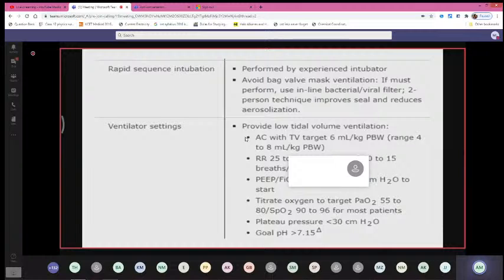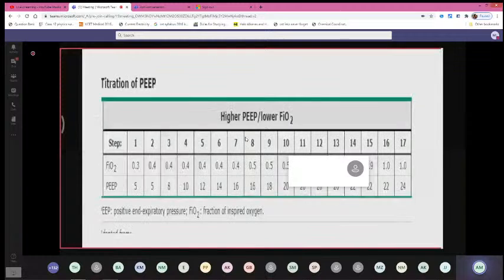So the minimal FiO2 for adequate oxygen targets. There's something called the PEEP table, where FiO2 and PEEP are calculated depending on the various ranges. This is usually done by the intensivist. This is used where a higher FiO2 requires a higher PEEP.